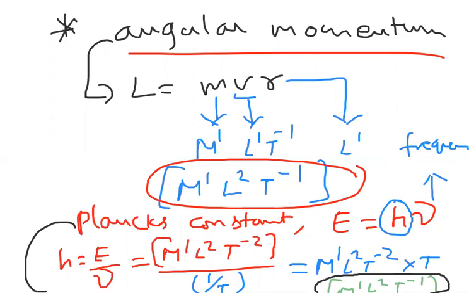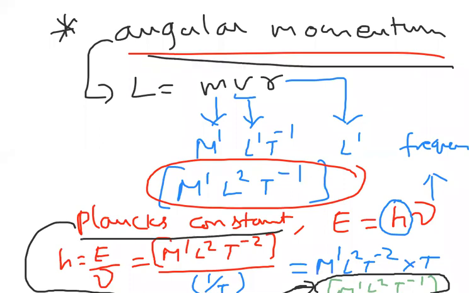So Planck's constant and angular momentum both have the same dimensional formula.